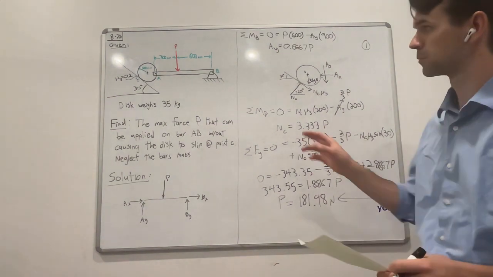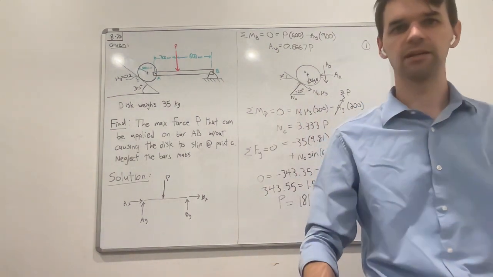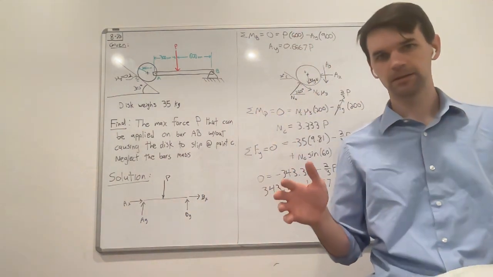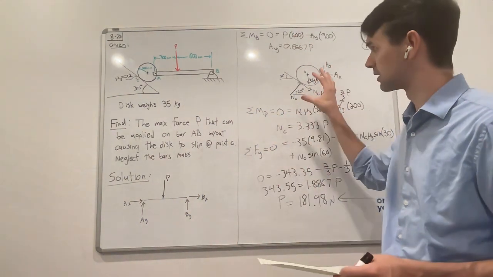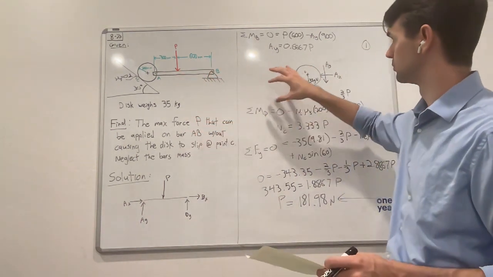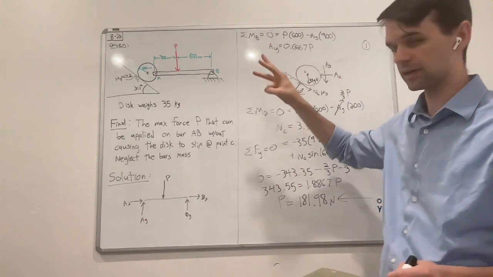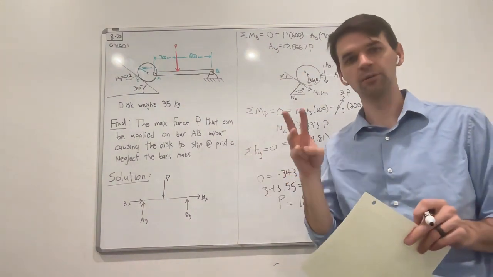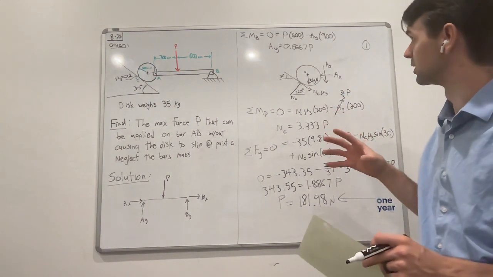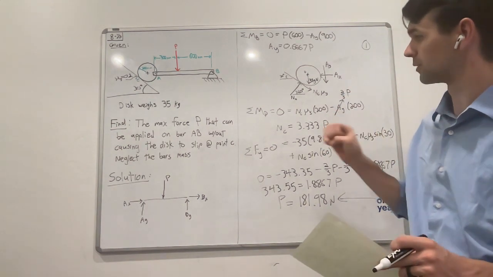So even this problem that looked kind of complicated to start out with really wasn't that complex once you just break it down by the parts and just think about, I have my free body diagram. I have my three equations. Which ones tell me the information that I need to get to what I'm trying to find?